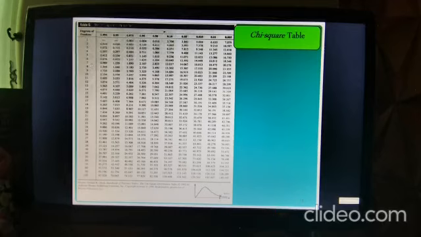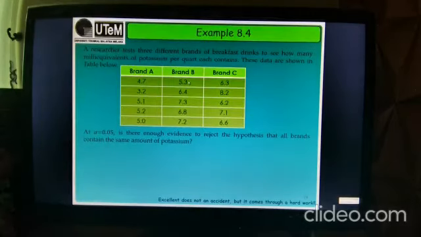The left column here is the degrees of freedom, and all of these values are the significance values of alpha. For example, a researcher tests 3 different brands of breakfast drink to see how many milliequivalents of potassium per quart each contains.